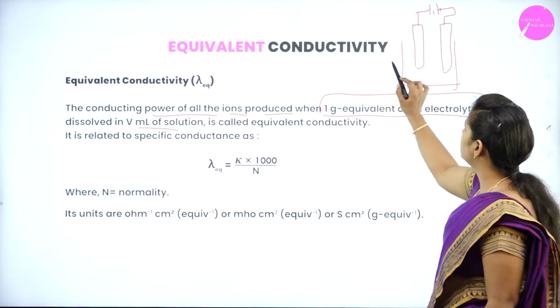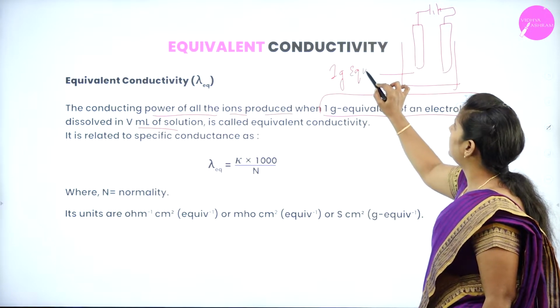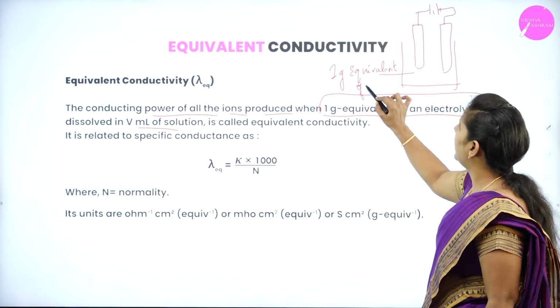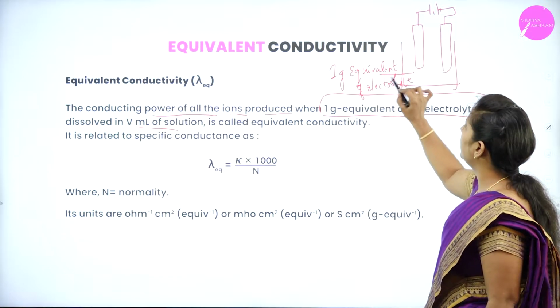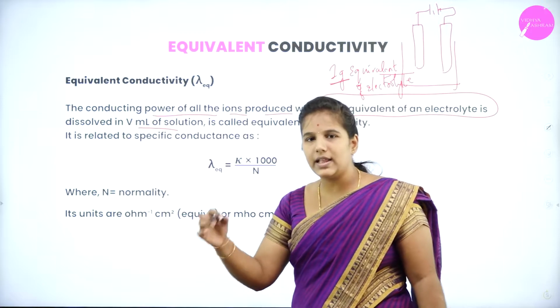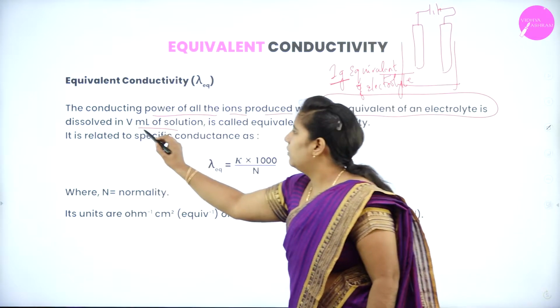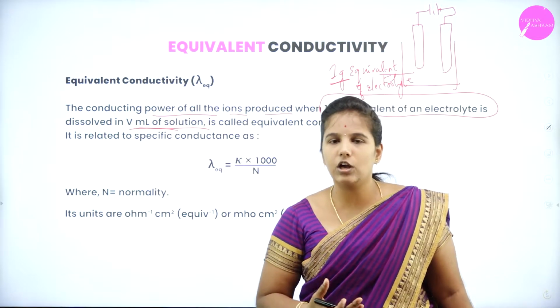So here you are dissolving 1 gram equivalent of electrolyte. How much are you dissolving here? You are dissolving 1 gram equivalent of electrolyte in a solution. In which solution? The V ml of solution, that is, the volume will be according to you.